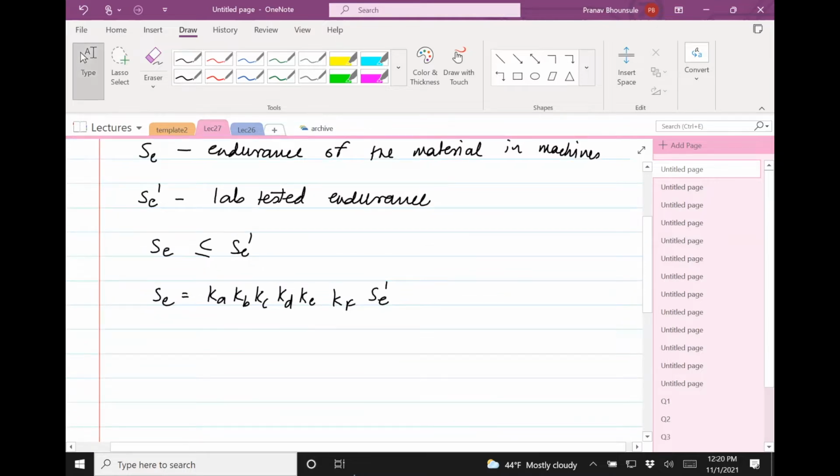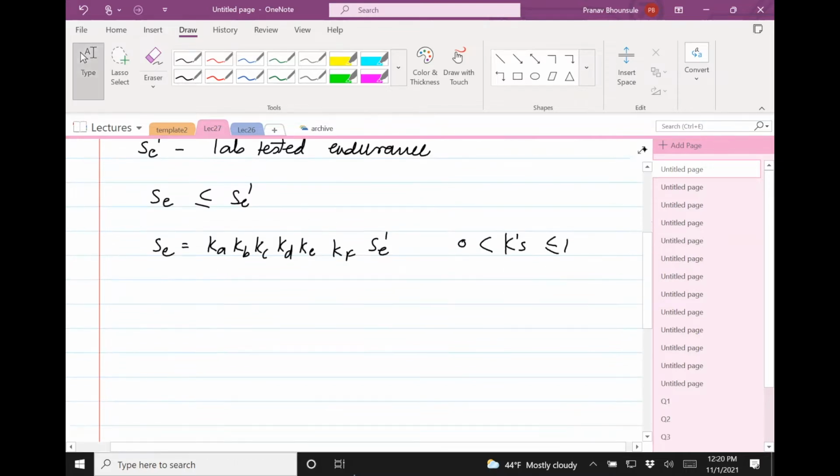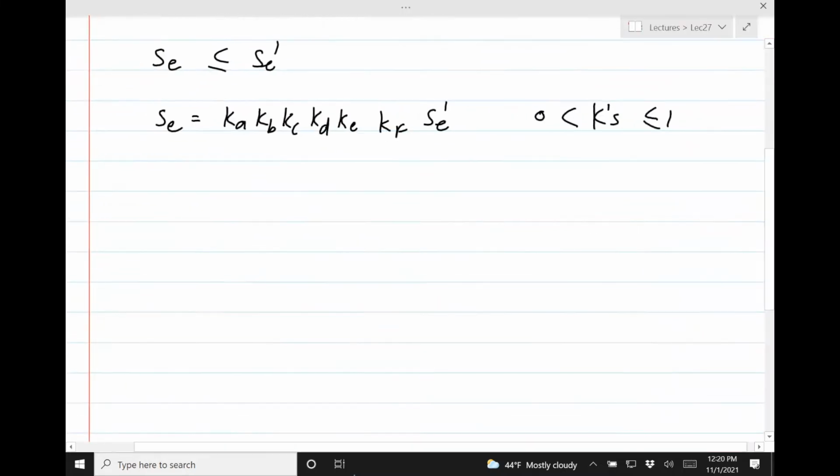All these Ks are either 1 or less than 1. They're not negatives there. So clearly, if you multiply SE prime with a host of factors which are less than 1, you will get something which is less than SE prime. So what are these factors? We talk about them one at a time.